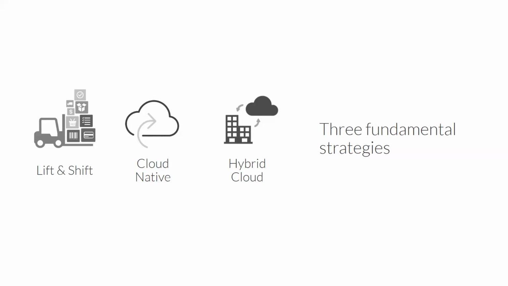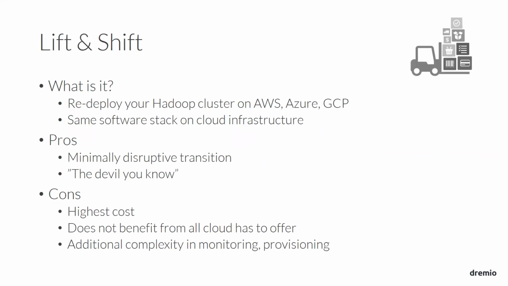We'll talk about each of these strategies and then talk about different approaches from a technical standpoint that can help you take advantage of these. So what is lift and shift? That's the first of these three approaches. What this means from an analytics standpoint could be, for example, redeploying your Hadoop cluster on Amazon Web Services, on Azure, on Google Cloud Platform.